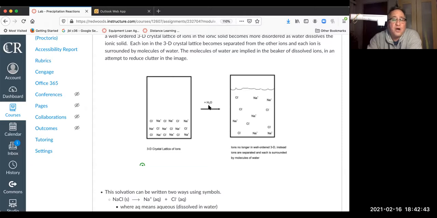When you add water, what happens is those ions separate from one another, and each ion is surrounded by water molecules. So where those ions used to be neighbors before, now they're not neighbors at all. That's what happens when an ionic compound dissolves. The ions slip away from one another and are then surrounded by water molecules. Okay, so that's a drawing of sodium chloride dissolving.